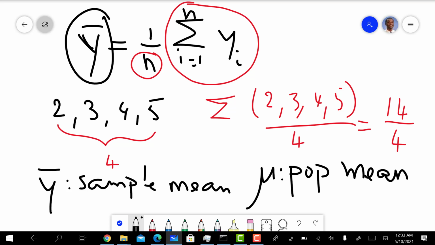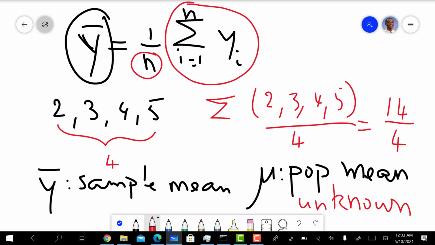The difference is the population mean is always unknown. Why is it unknown? Because you will never get the true population mean. It's never a correct answer.